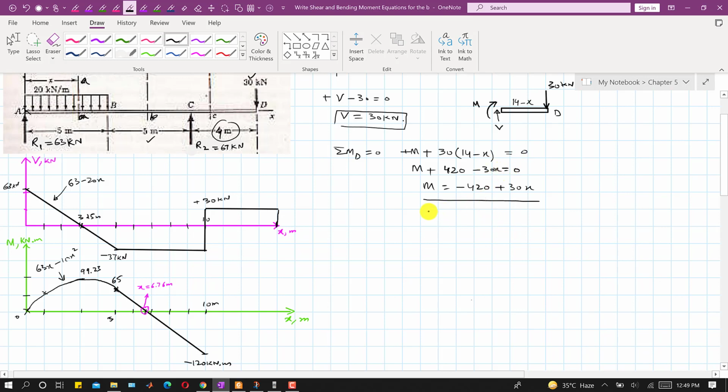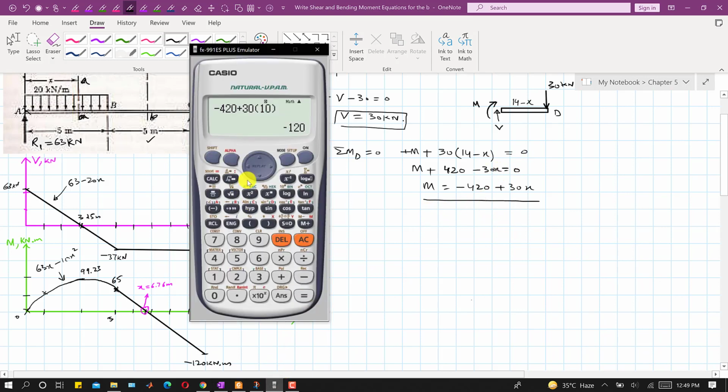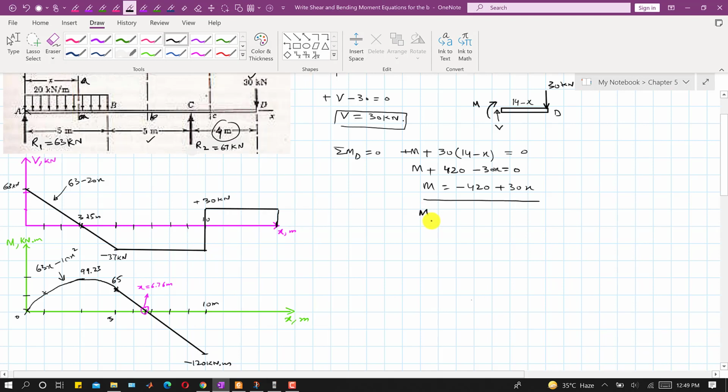And similarly at x equal to 14, if I put x equal to 14 in this equation, that moment is equal to 0. So M at x equal to 14 meters is equal to 0. So here we have that x equals to 14.